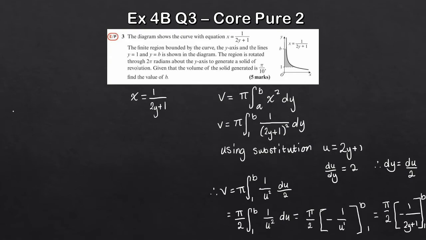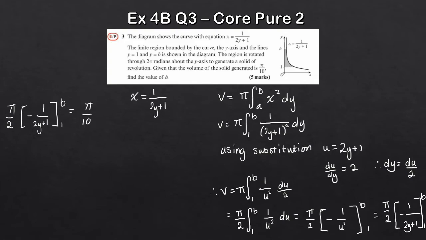So if we just write this out, pi over 2 times the result of the integral between 1 and b. As we're told in the question, the volume of the solid generated is pi over 10. So pi over 10.